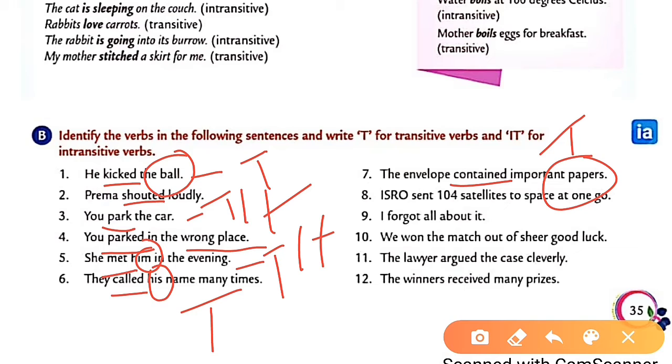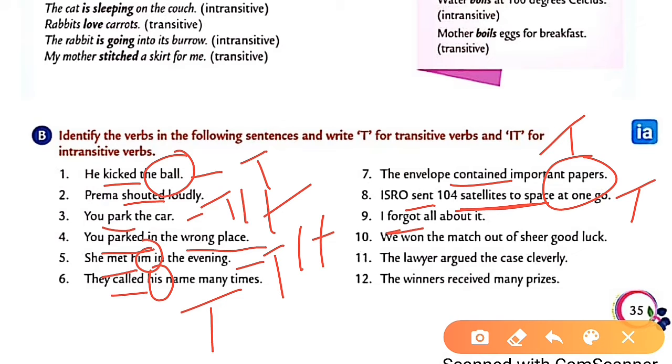Number 8, "ISRO sent 104 satellites to space in one go." Which verb is it, transitive or intransitive? Sent, and after sent there is an object, so it is a transitive verb. Next, "I forgot all about it."